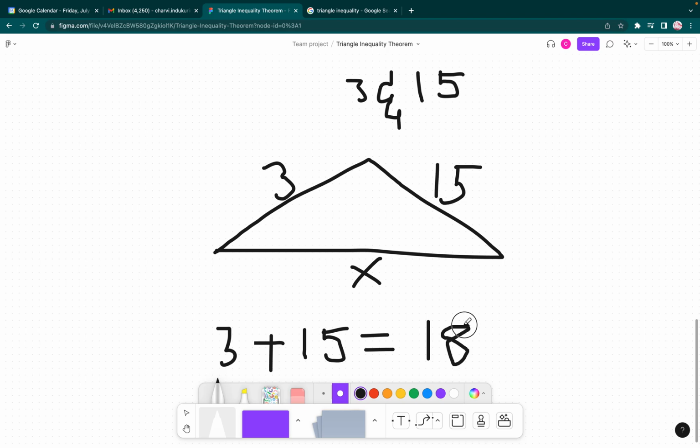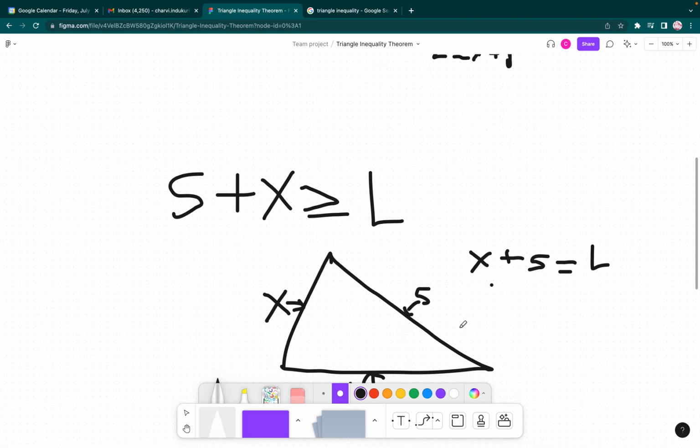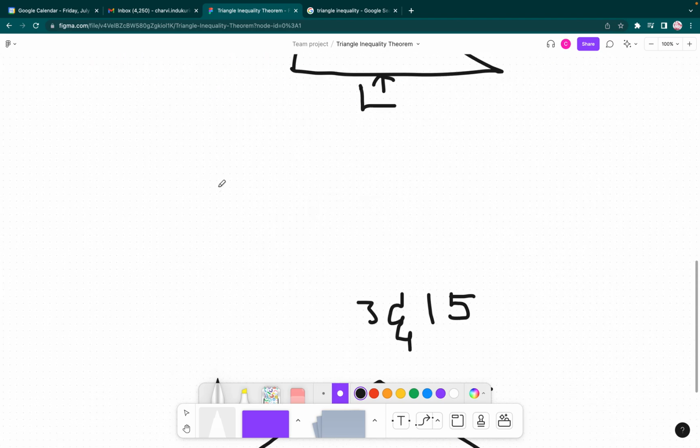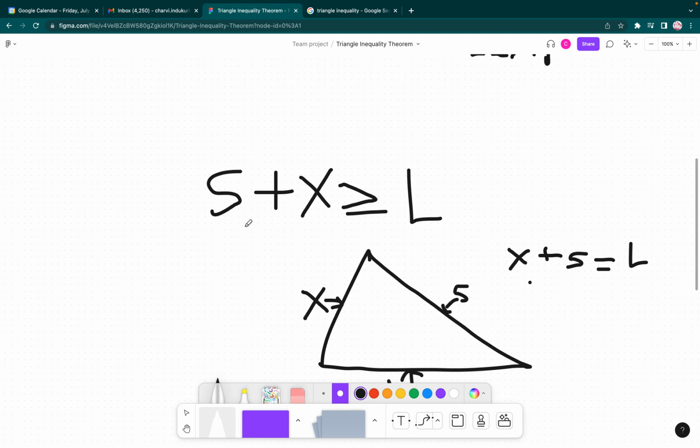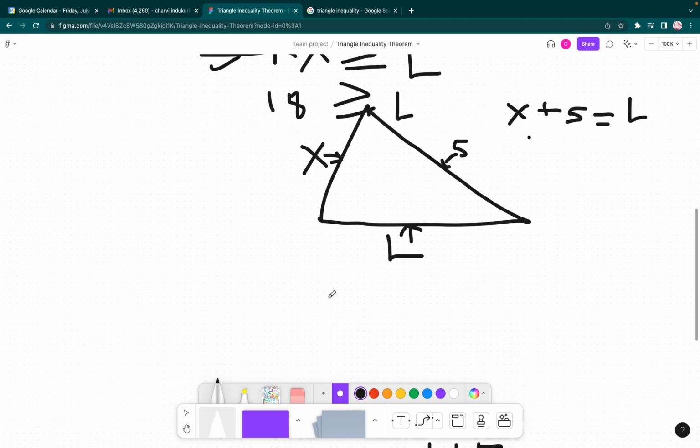Because we have numbers, we can actually do it. So now that we know 3 plus 15 is 18, that means 18 will be right here. We're just going to replace these numbers with 18 is greater than or equal to L over here.